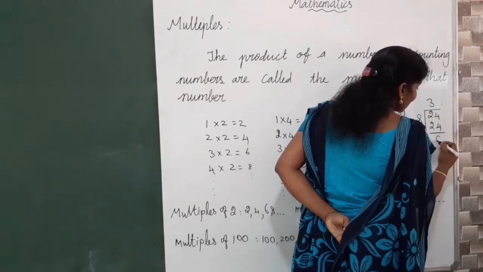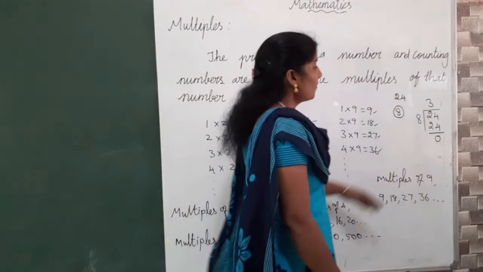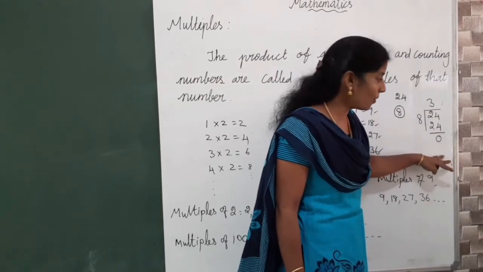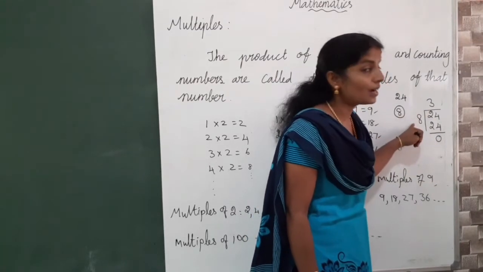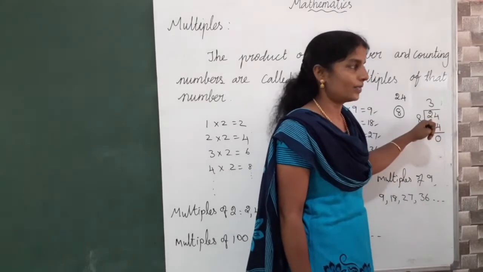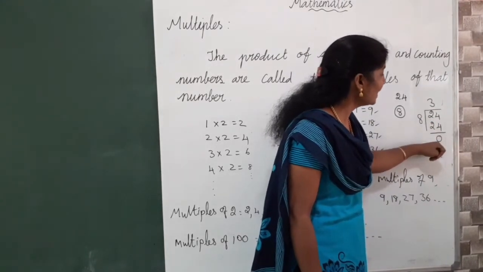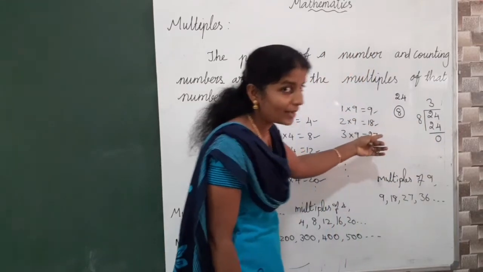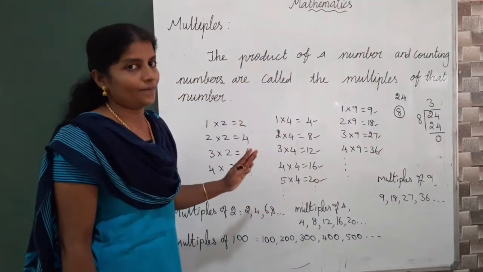Now, remainder is 0. We can divide it by 8, remainder is 0. So 24 is a multiple of 8. Suppose we didn't get remainder 0, that means it is not a multiple of that particular number.